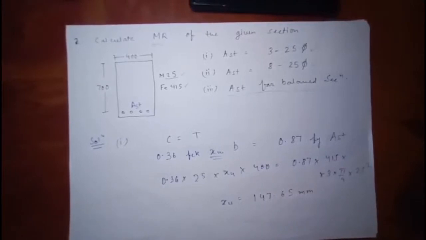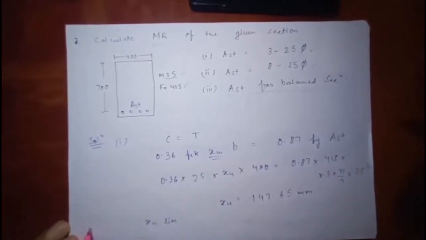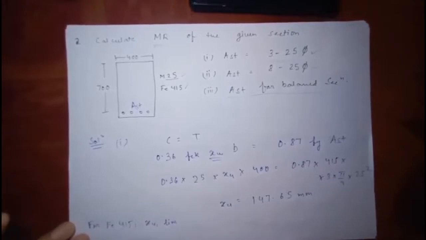Now for Fe415, the XU limit for Fe415 is equal to 0.48 D, and it is equal to 0.48 times 700, and it is equal to 336 millimeter.